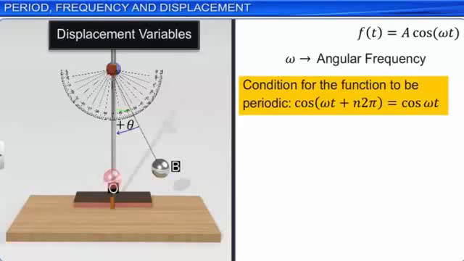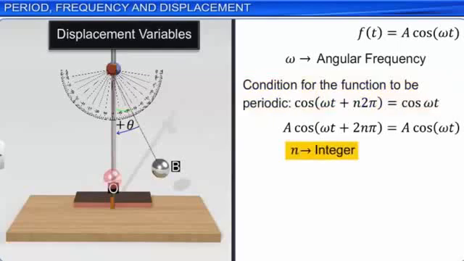Thus, a cos(ωt + 2nπ) must be equal to a cos ωt, where n is any integer. In other words, the function is periodic with the time period T when f(t + T) is equal to f(t), where the time period T is equal to 2π by ω.